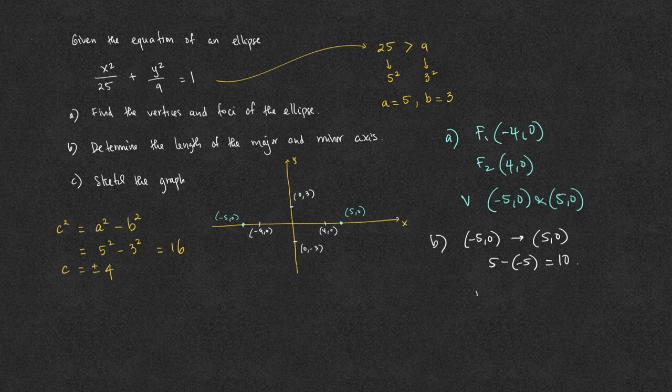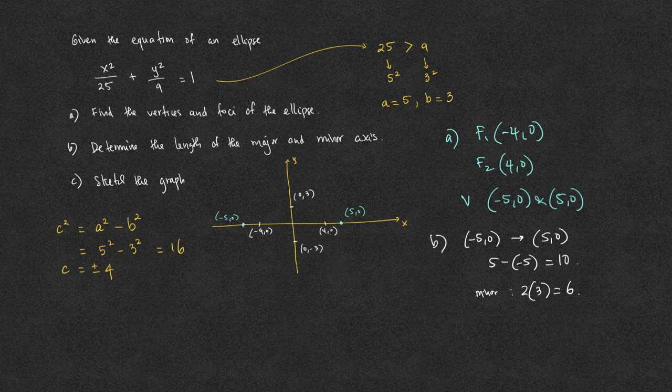And so for the minor axis, the length is 2 times 3, or 6. And so we have the length of the major axis from negative 5, 0 to positive 5, 0. And the length of the minor axis is from 0, 3 to 0, negative 3.